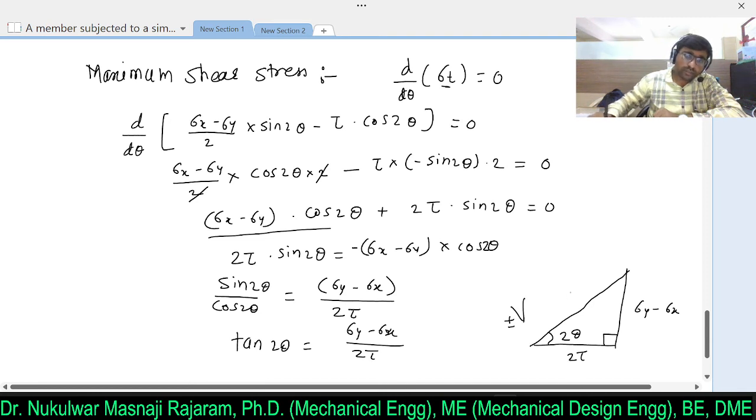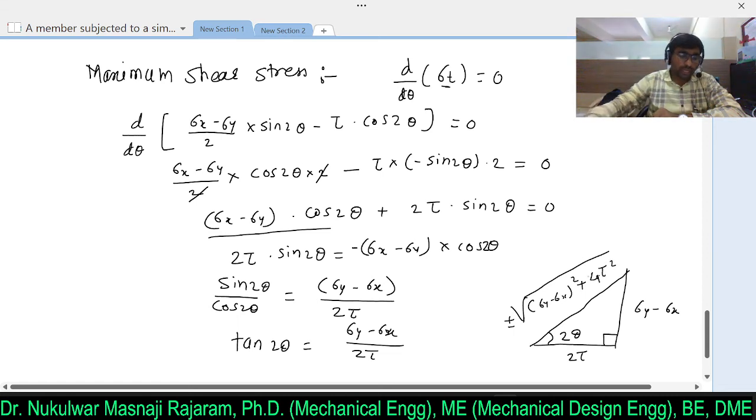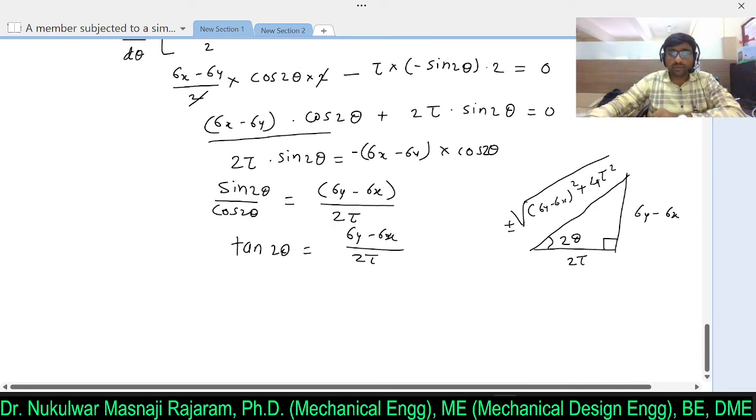We get under root of (sigma y minus sigma x) square plus (2 tau) square, that is 4 tau square. Simple. And once you get this diagonal, you can easily write sine 2 theta. If I write sine 2 theta from this equation, then this will be sigma y minus sigma x divided by the diagonal.